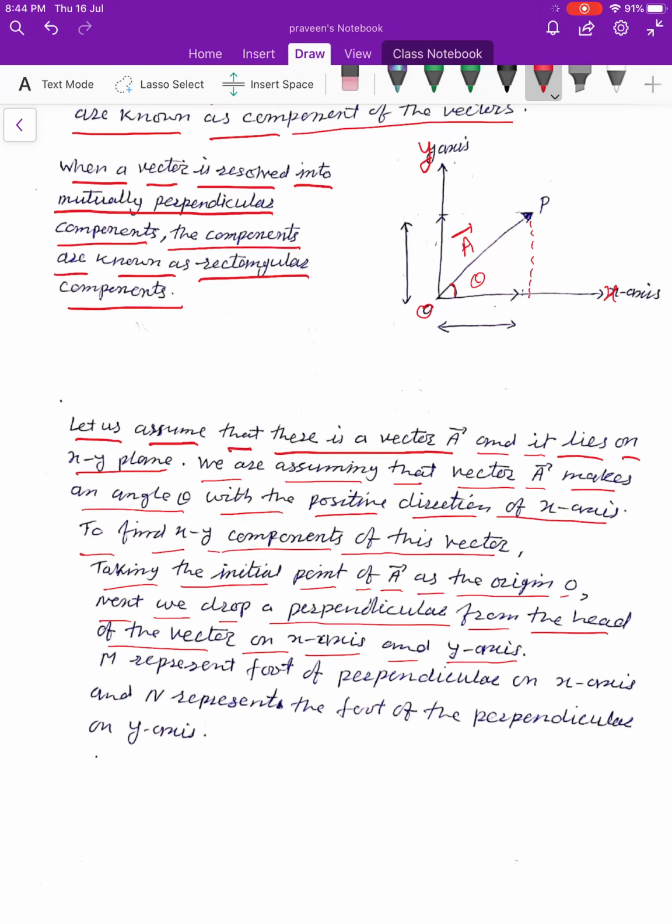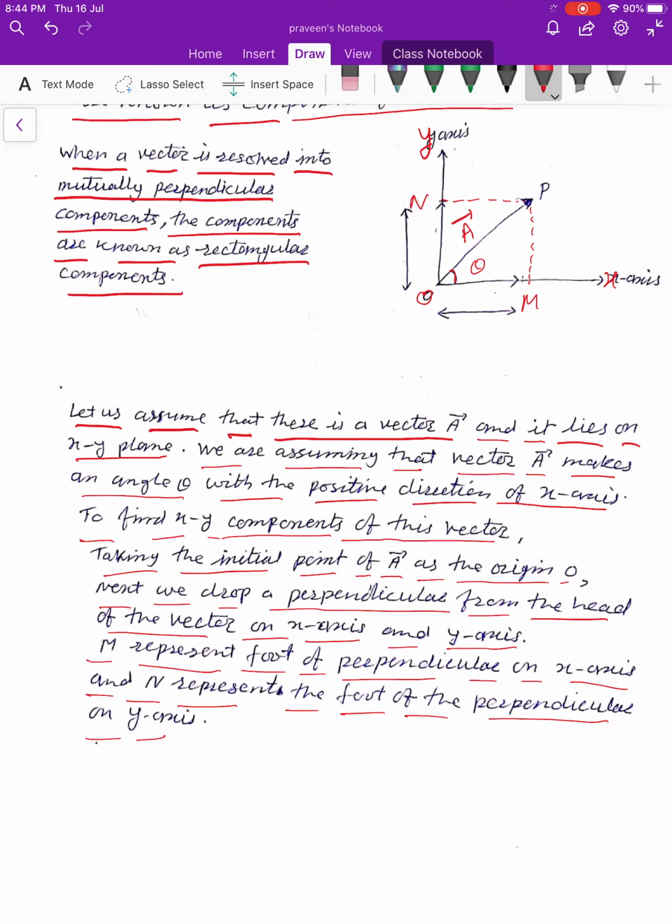M represents the foot of the perpendicular on the x-axis, and N represents the foot of the perpendicular on the y-axis.